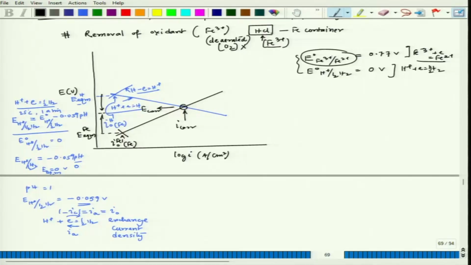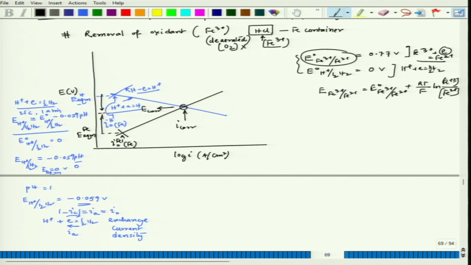Depending on the concentration of Fe3 plus and Fe2 plus, this particular potential, or equilibrium potential, as per the Nernst equation, is equal to E naught Fe3 plus/Fe2 plus plus RT over, since we have one electron, F, which is 1 Faraday, times ln of the concentration of Fe3 plus divided by the concentration of Fe2 plus.